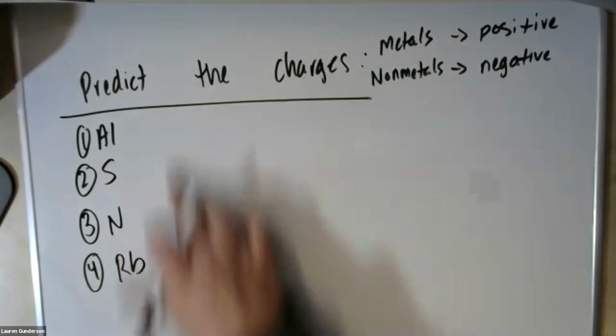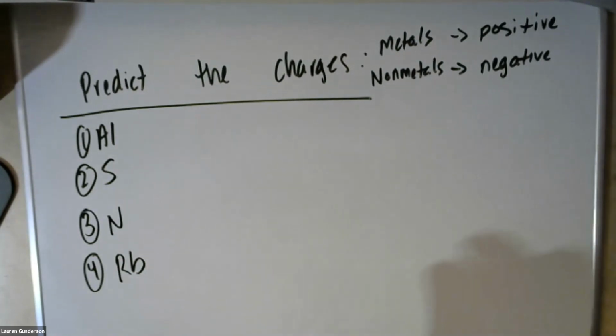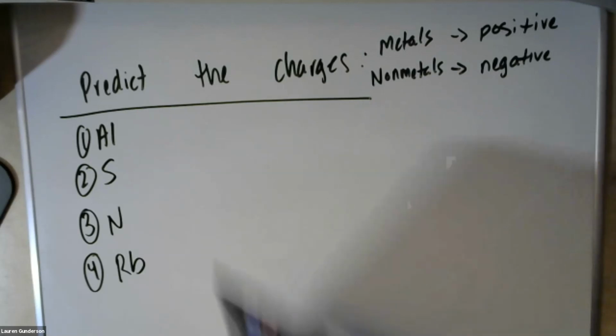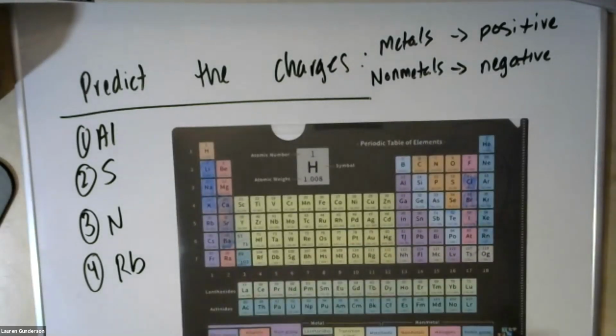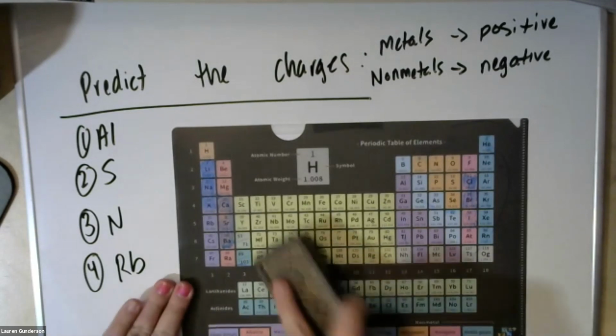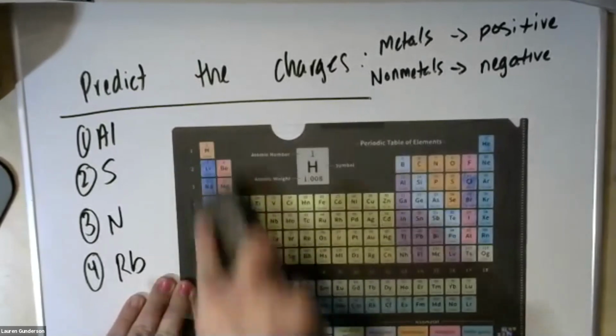All right, so one of your first decisions has to be whether you have a plus or minus charge. You can make that easy for yourself by using the periodic table and literally just going through and looking. I'm sure you have nicer versions of your periodic table with you.